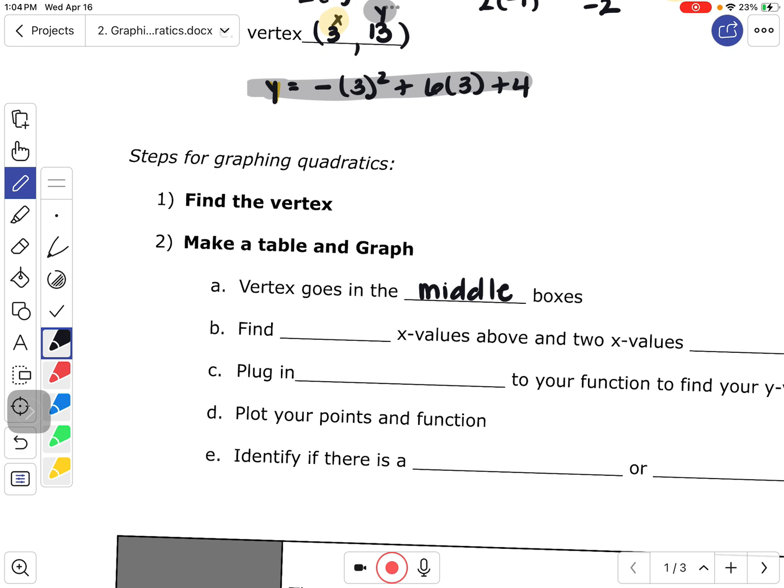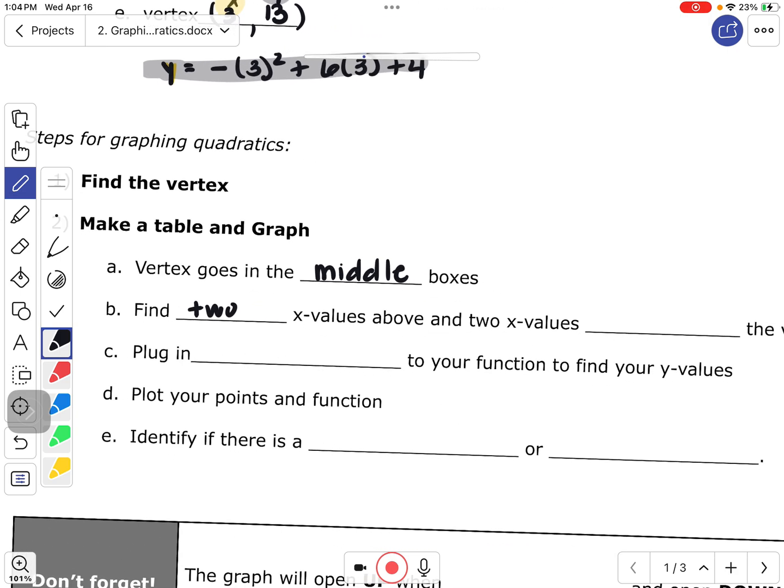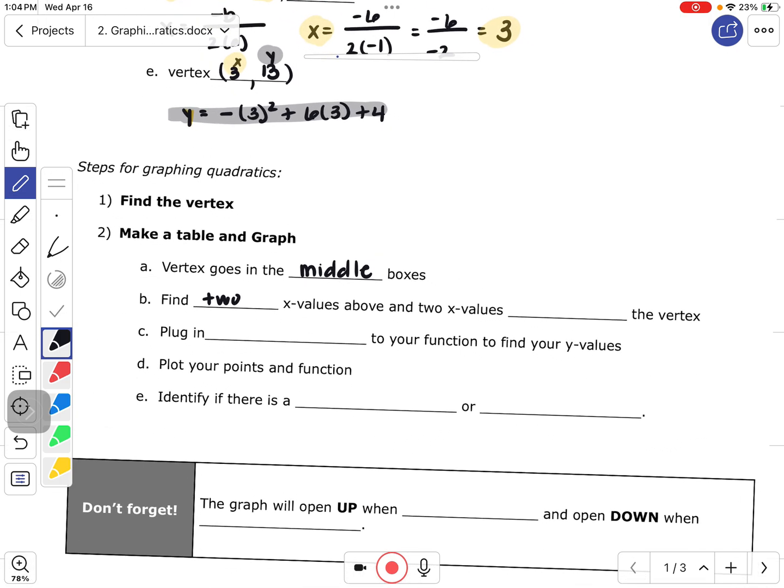You're going to find 2 x values above and 2 x values below the vertex. Plug in the x values to your function to find your y values.